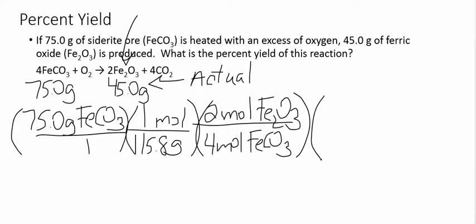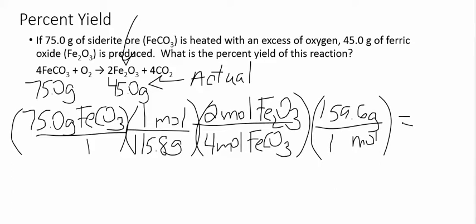Once I'm in moles, I want to go ahead and go to grams. So I need the molar mass of Fe2O3 in 1 mole. There are 159.6 grams. This is the theoretical yield of Fe2O3. So the theoretical yield when I perform the calculation is 51.7 grams.